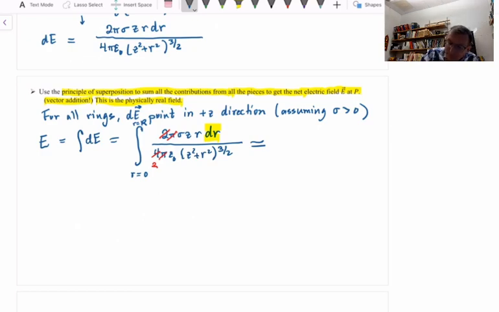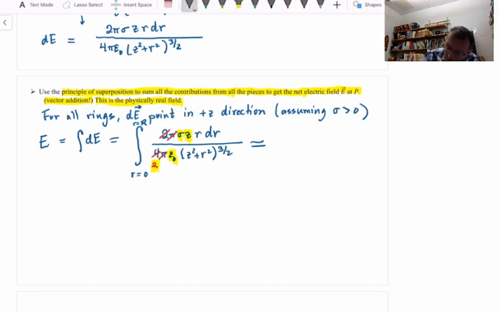For example, every ring has the same surface charge density sigma. That can come out. Every ring has the same z, because that's just the distance up the z-axis from the center to point P. And, of course, epsilon 0 down there is a constant. And the 2, I beg your pardon, the 2 can obviously come out front.